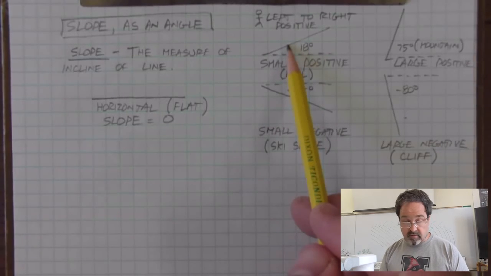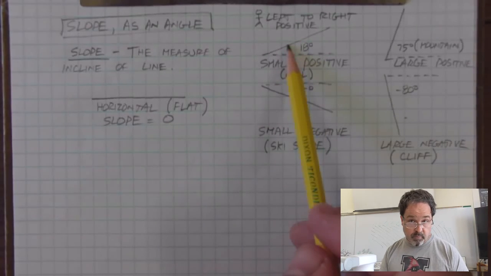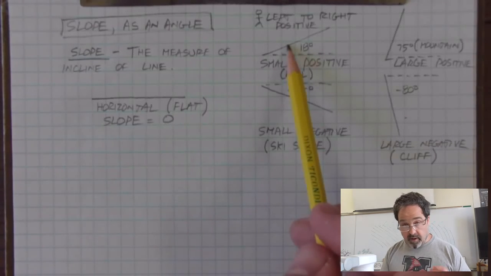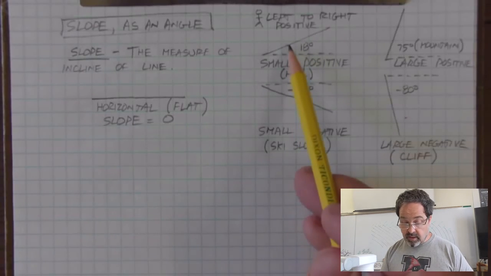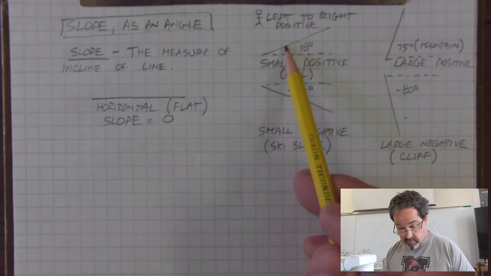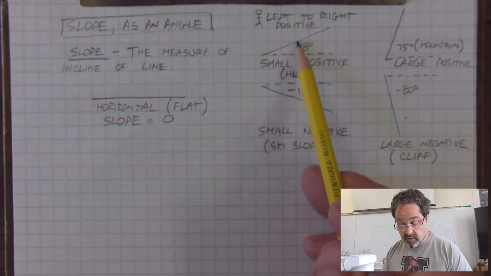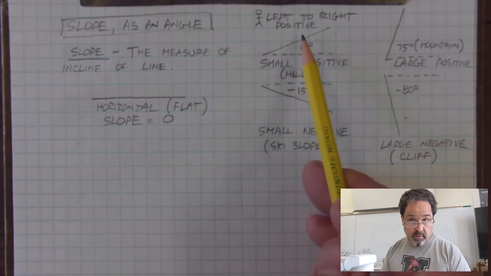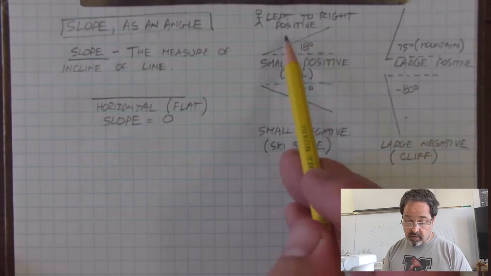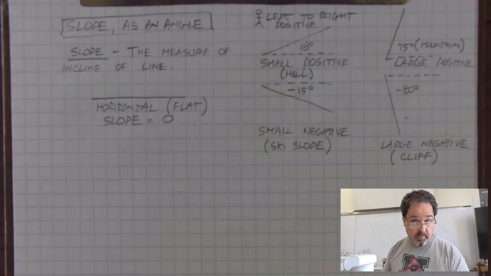Imagine that we're standing on this line as if it was a hill. If we're going to move in the positive direction, it means that we need to be going to the right. The direction of motion that is meaningful in the positive direction is to be moving on this line to the right. And as we go to the right, we go up, which is why we say a line like this goes up.